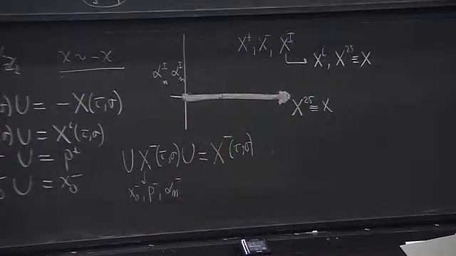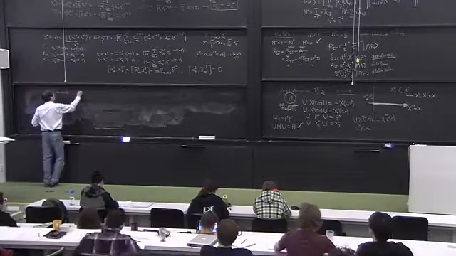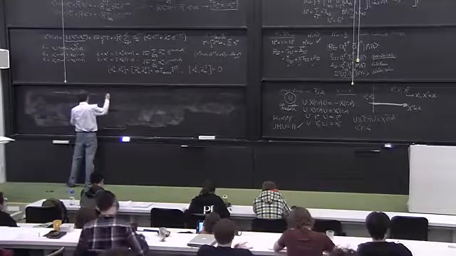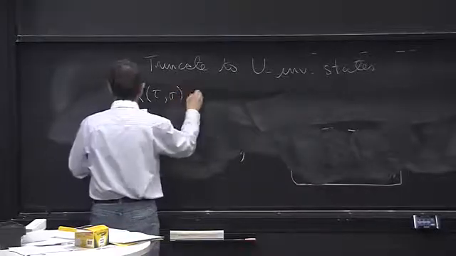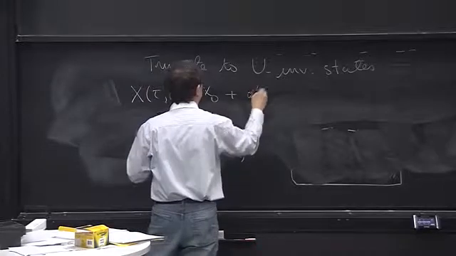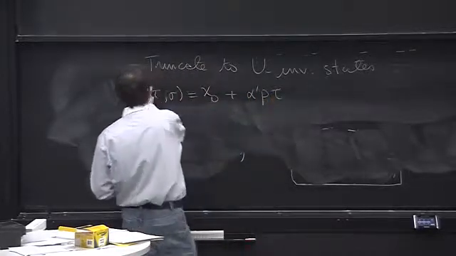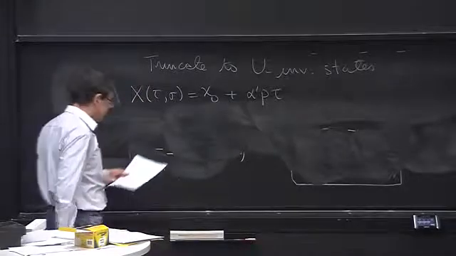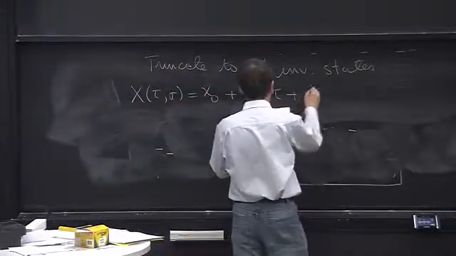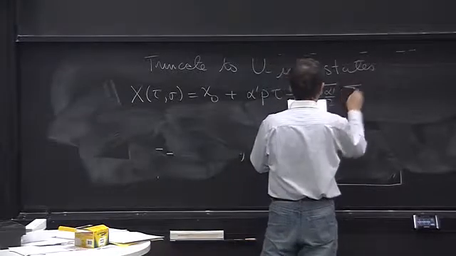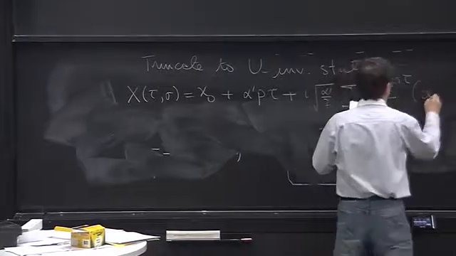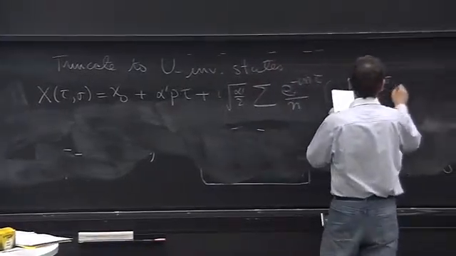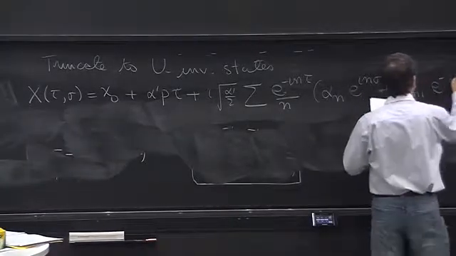So 2 more things. We'll truncate to U invariant states. And one last thing, we had our closed string expansion, x0 plus alpha prime p tau. This is all x25. When I don't put an index now, it is x25, our orbifolded one. Plus alpha prime over 2, sum e to the minus i n tau over n, alpha n e to the i n sigma plus alpha bar n e to the minus i n sigma.